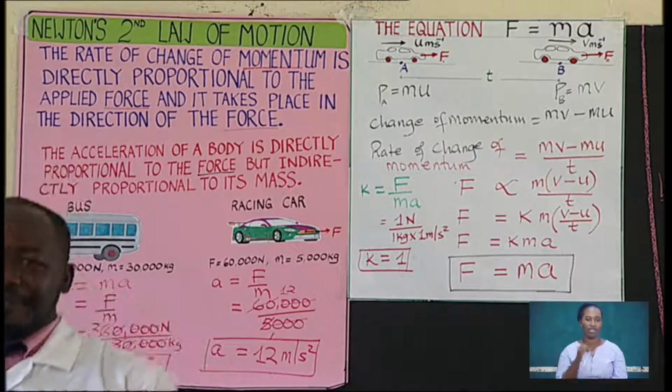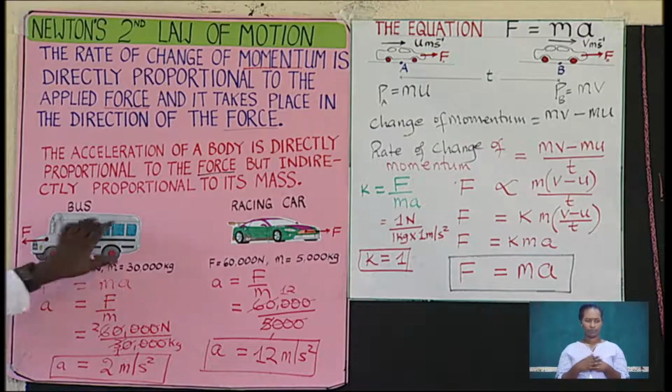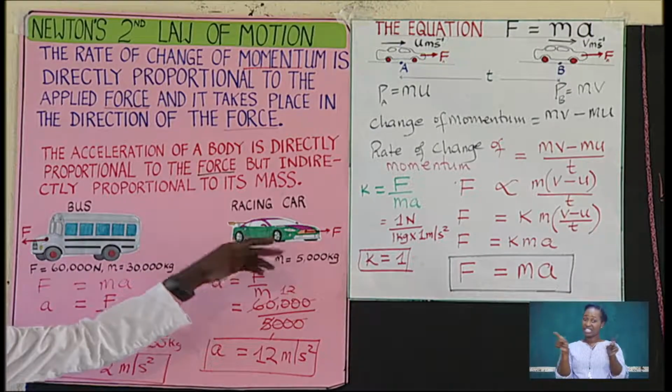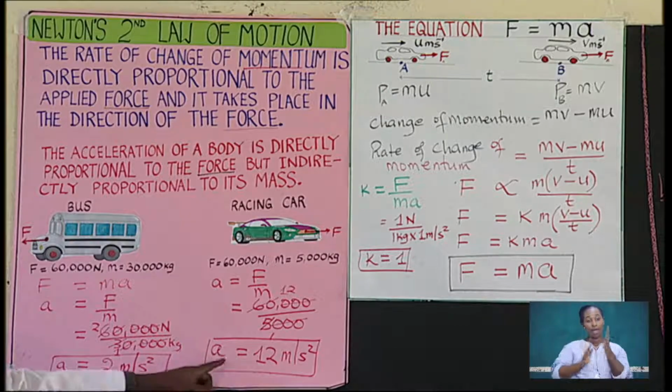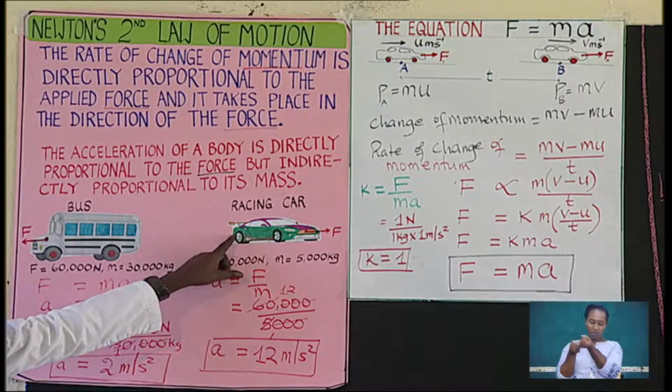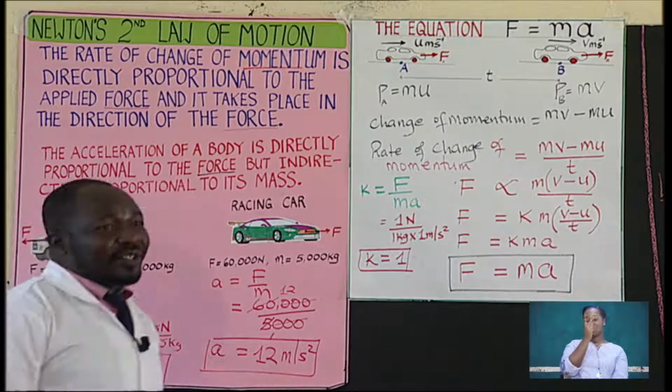Okay. That's very beautiful. Now, let's look at this. Did we not give them the same forces? Yes, we gave them the same forces. But which one created more acceleration? The more acceleration was created on the car. Imagine 12 meters per second squared, but the bus only 2 meters per second squared.